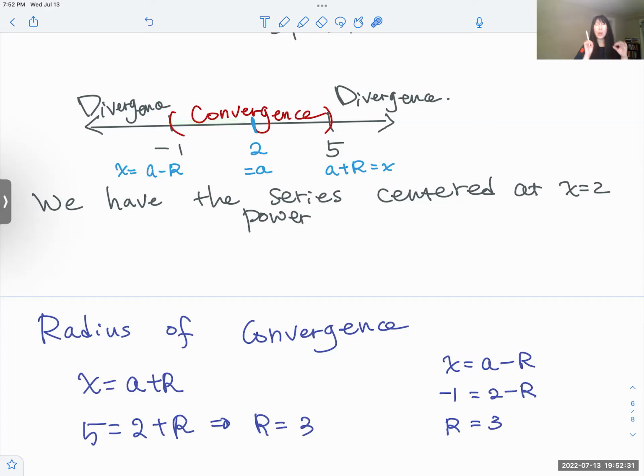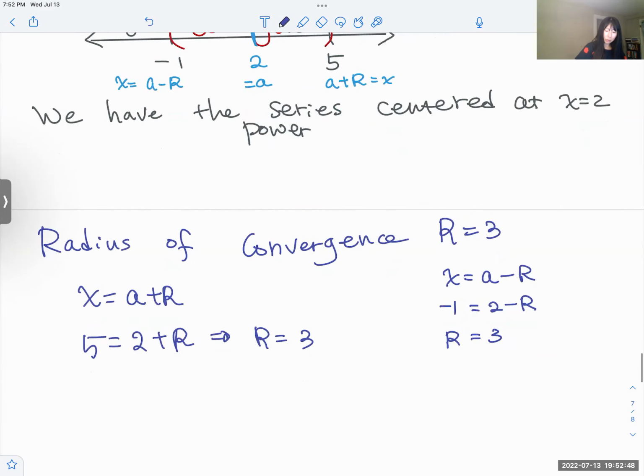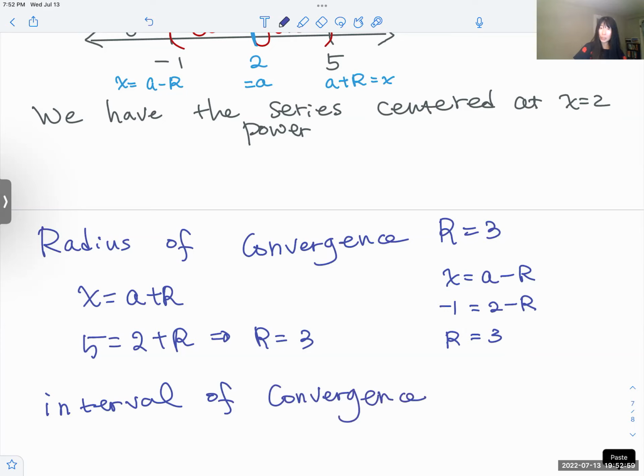That's why it's hard to give one definition, because there are different types, okay? So in this case, the radius of convergence is r equal to 3. We can conclude that, okay? And the interval of convergence is between -1 and 5, right?